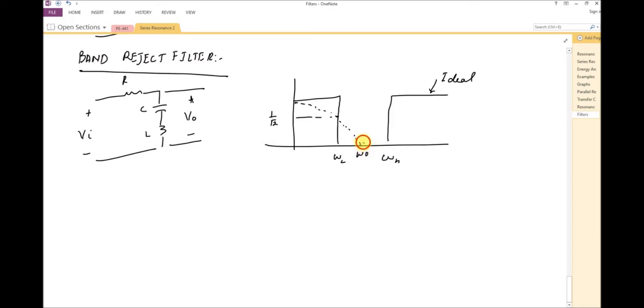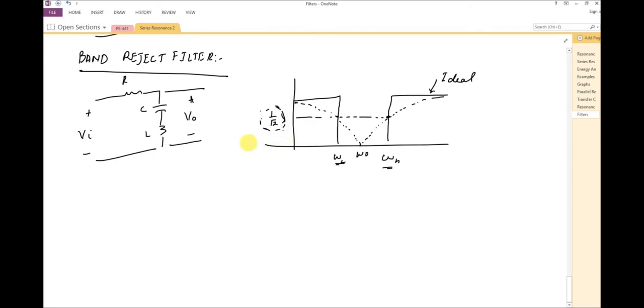Then after omega naught it will again start increasing, and it will cross the ideal characteristic, or it will have the higher cutoff frequency. At this point the value of gain at the lower cutoff frequency and the higher cutoff frequency will be 1 over under root 2 times the gain value at which the maximum power occurs. So this is the band reject filter.